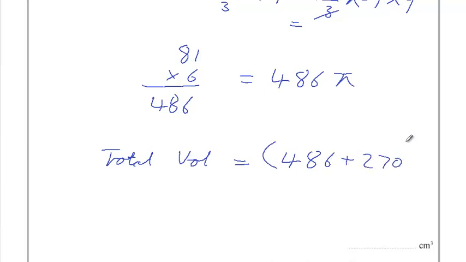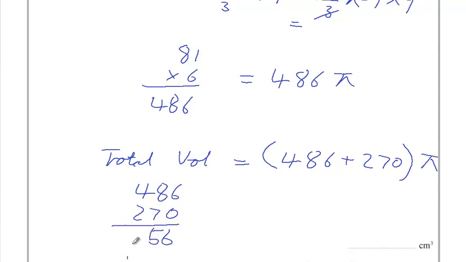It's going to be in terms of pi. I'll just do it down here. 7 and 8, 15. 4, 5, 6, 7. 756 pi. We told it to leave it in terms of pi. So that's that one done.